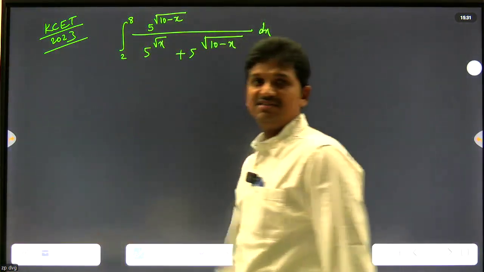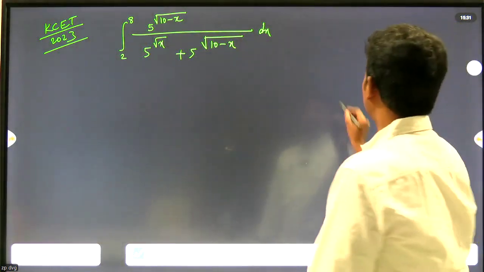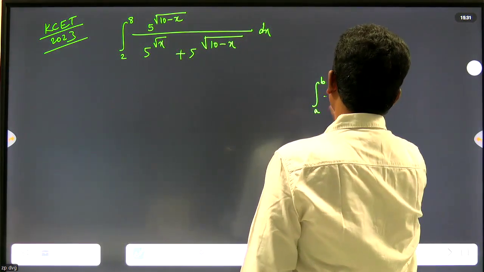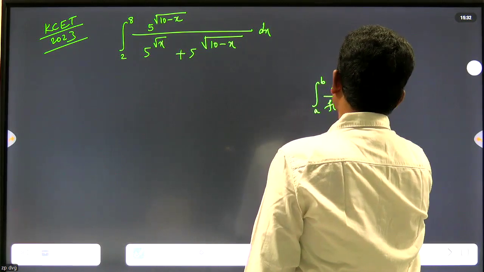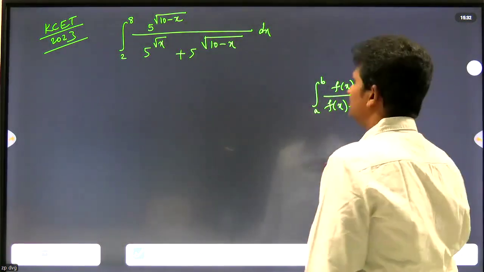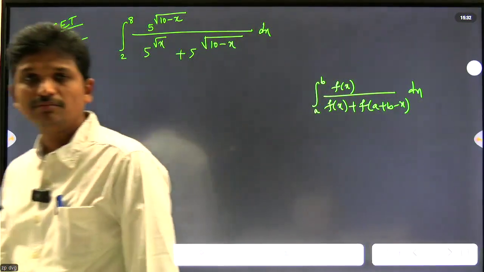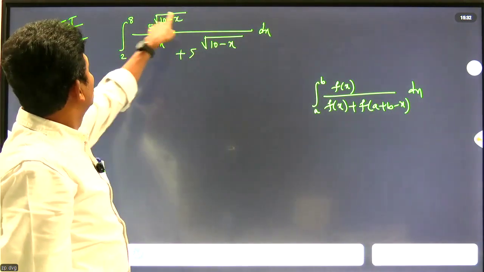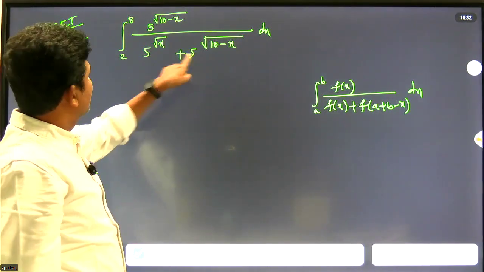Limits are from a to b. Right. So, is it of this form? Integral of a to b f of x divided by f of x plus f of a plus b minus x dx. Is it of this form? F of x is what? 5 power root over 10 minus x. Here f of x is there.